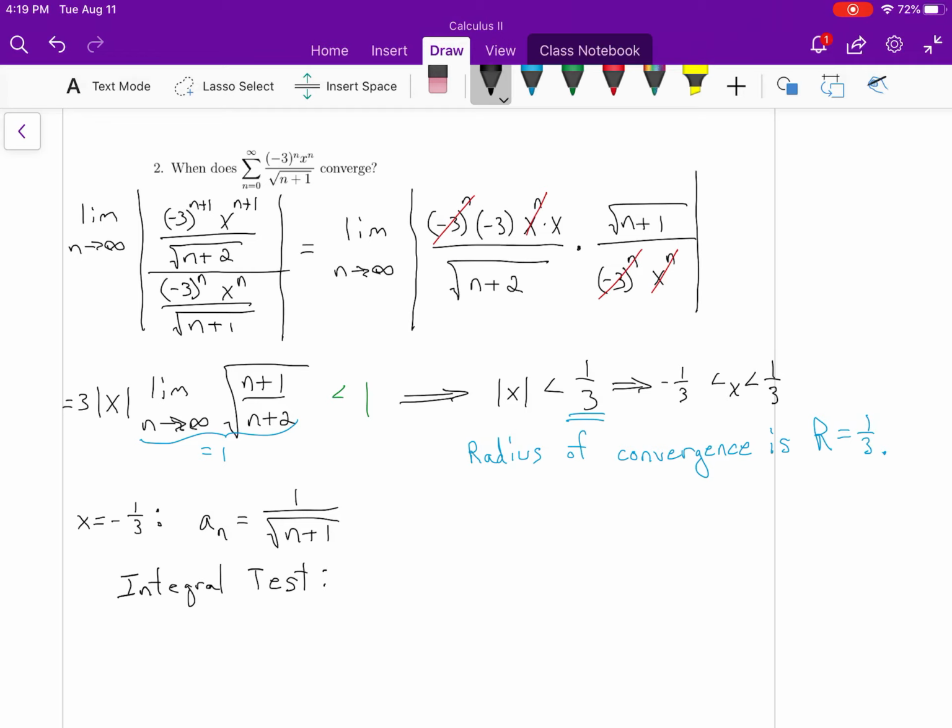And so for the integral test, I could see that a_n is positive, which is one detail.